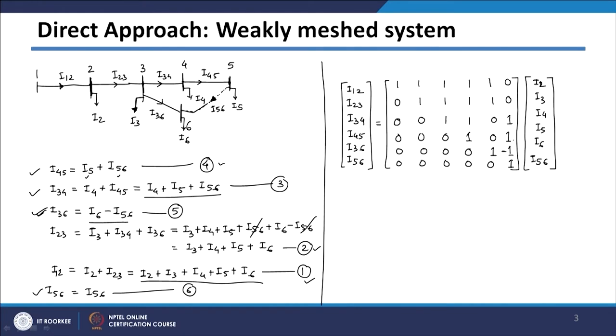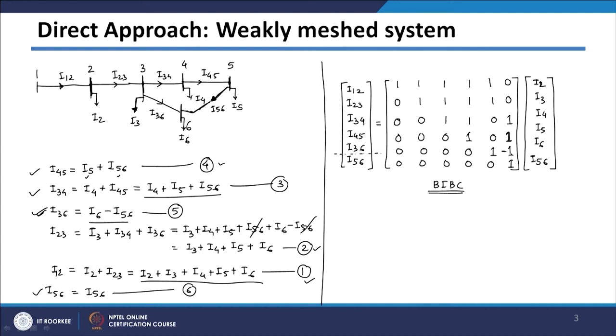So in the last column we are getting 4 entries which are 1, and again I am calling this matrix the BIBC matrix, which converts your bus injection to branch current matrix. Now, if you observe here, this particular current represents the loop current.